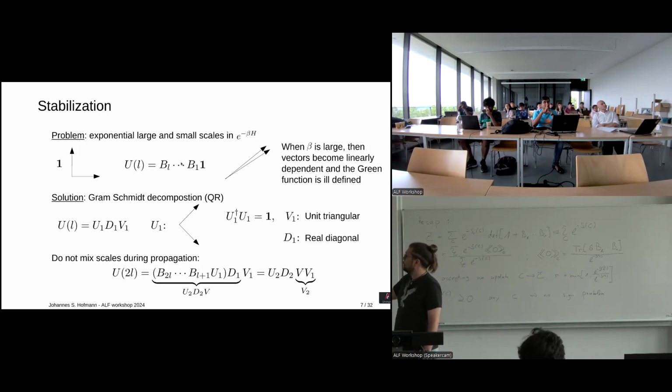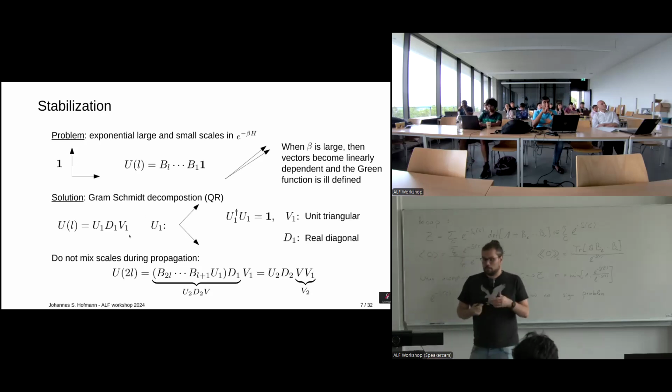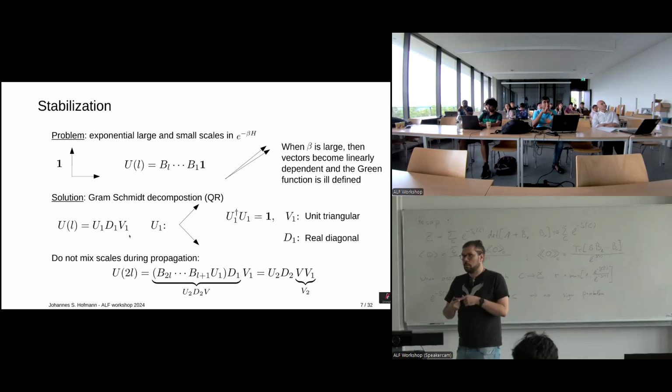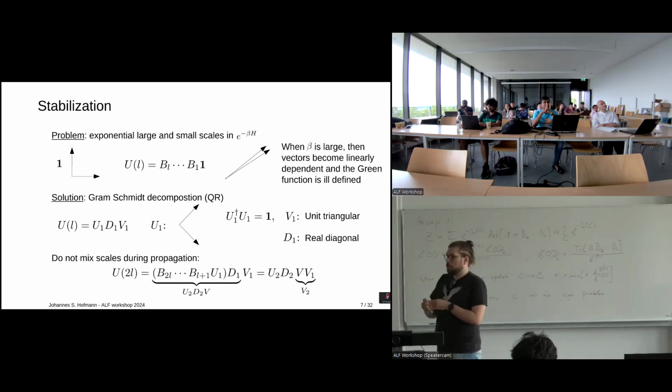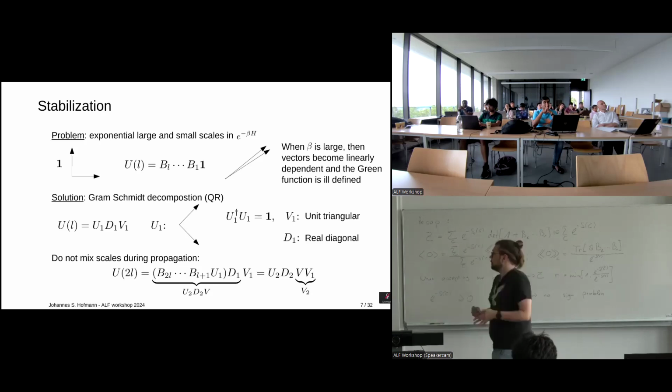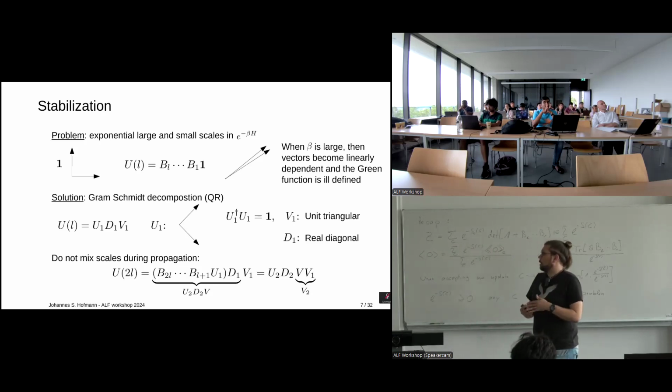Then you continue by constructing an orthonormal basis set by always projecting the rest of these vectors onto the states that are orthogonal to it.